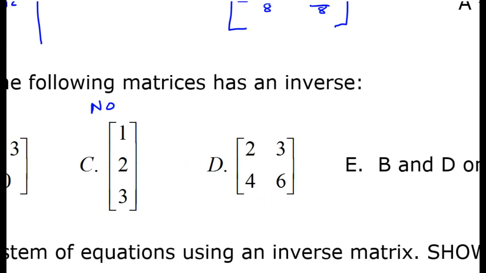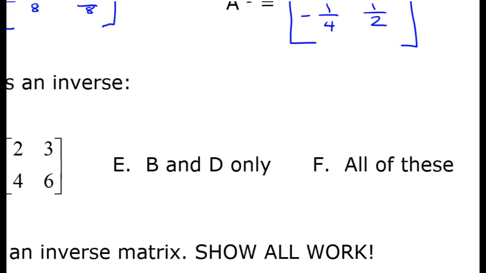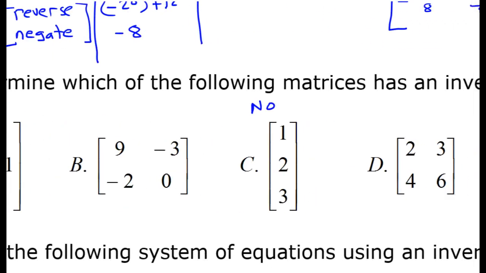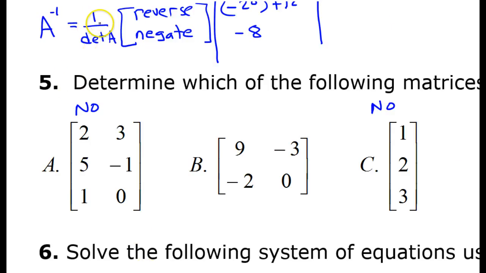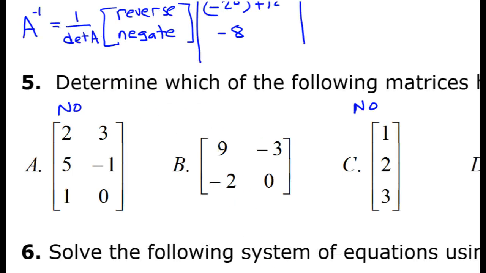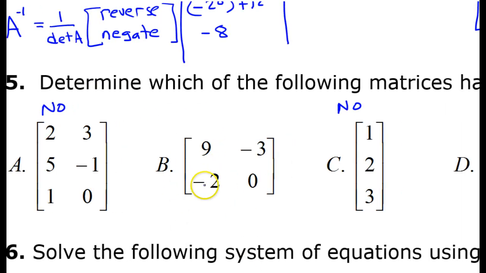D is at least a square matrix. So we need to take another look at B and D. Remember that part of finding the inverse is that your first step is to find the determinant, and you wind up doing 1 over the determinant. So the determinant cannot be 0. I need to make sure that the determinant of B is not 0. If it's 0, then I'm going to say no for that as well.